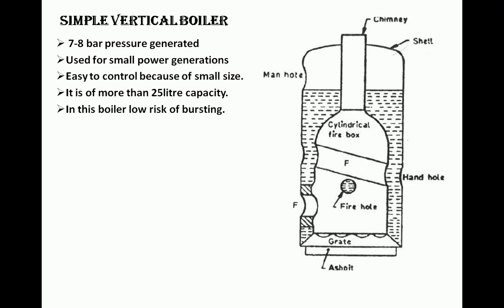Cross tubes are situated across the firebox. Water flows through these tubes and gets heated and evaporates. Steam generated is collected in the steam space. Hot flue gases are allowed to leave the boiler at appropriate height through the chimney. In this boiler there is a lower chance of bursting.